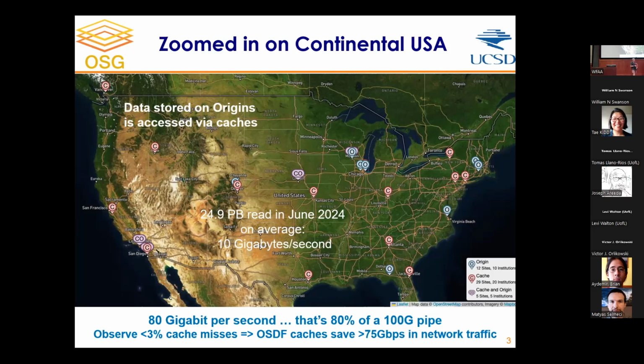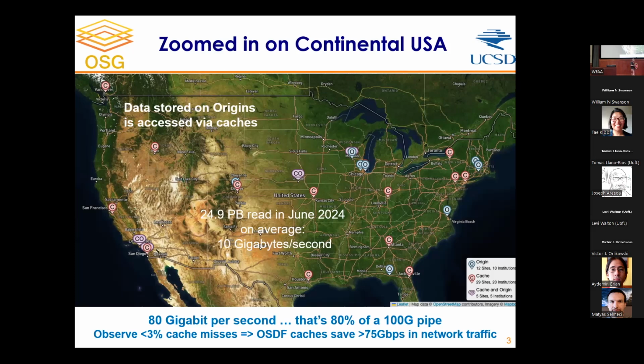Now, if you then look and ask Fabio, what's the miss rate, the cache miss rate? The cache miss rate in the month of June was 2.7% by bytes. In other words, we went back to the origin for only 2.7% of the bytes that were delivered to the application from the caches.